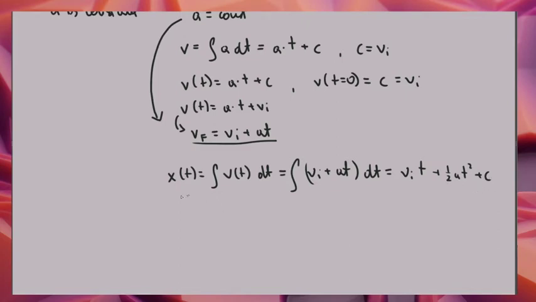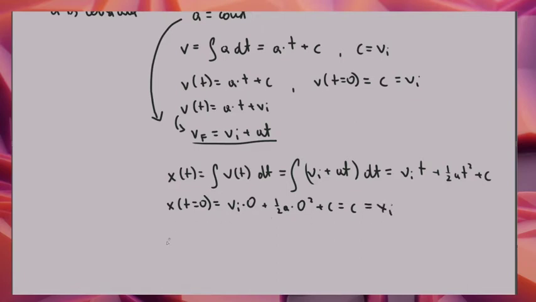Now, it's easy to show that c is just the initial position. So do the following: x as a function of time, set this time to be 0, and then this term goes away. Let me write this out. This is vi times 0 plus half a times 0 squared plus c, which just gives you c. So the constant c is simply the position at time t0, but the position at time t0 is xi.